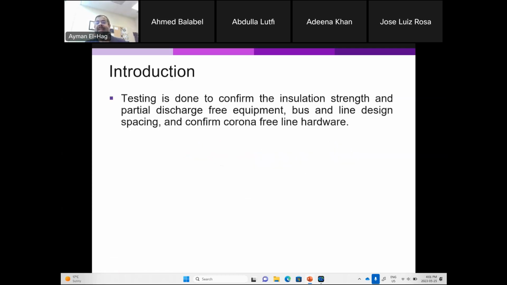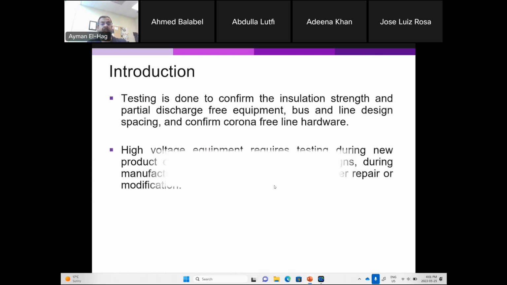So basically, testing is extremely important and you have to do it. For example, you have to ensure that your equipment is free from partial discharge, or that the insulation is good enough to withstand the high voltage and will not fail on site.